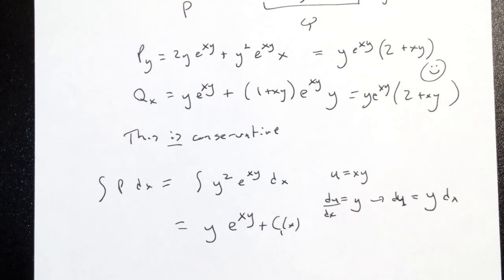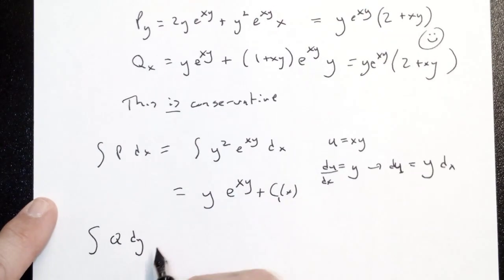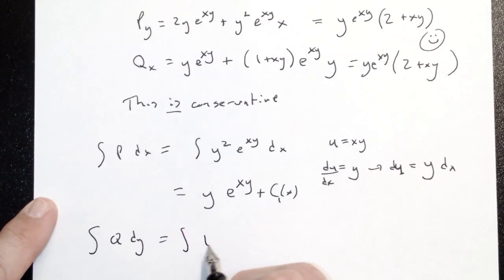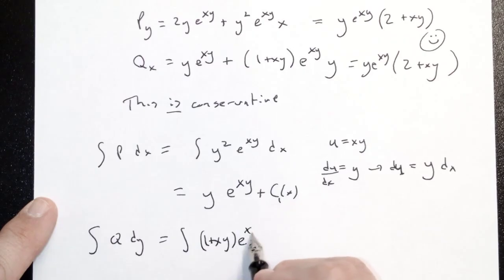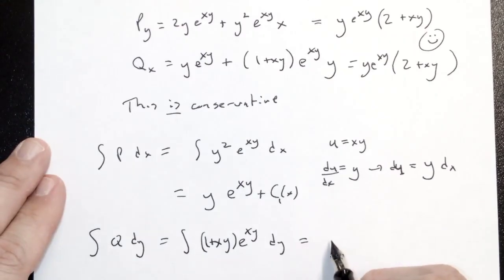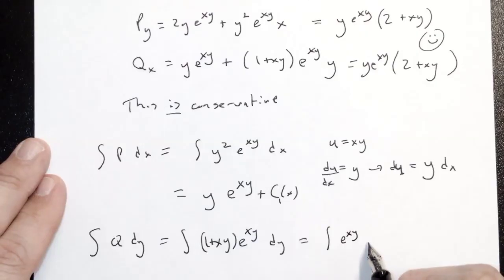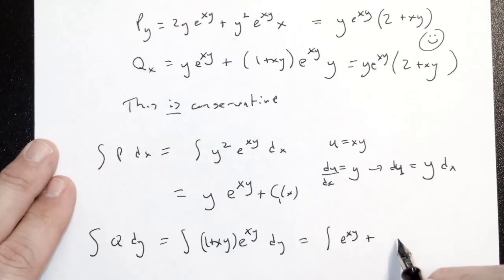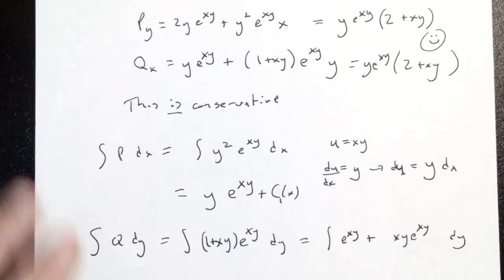Now I do the integral of Q dy. That's the integral of 1 plus xy times e to the xy dy. I'm going to break this up and do it as two pieces: the integral of e to the xy plus xy e to the xy dy.